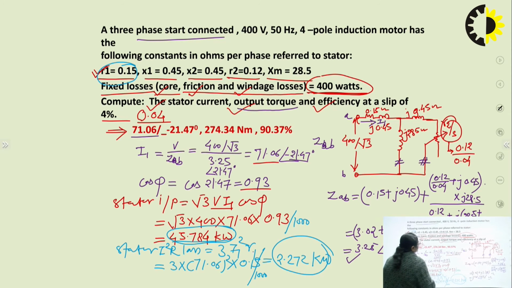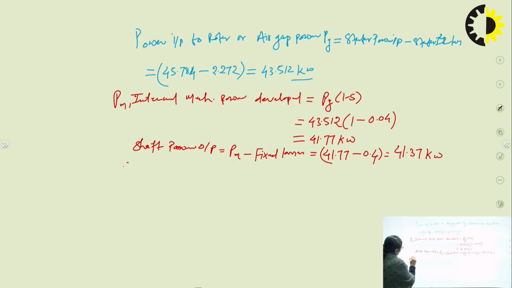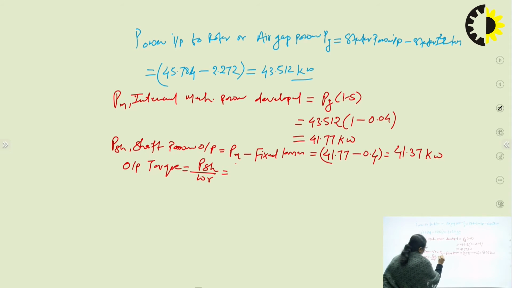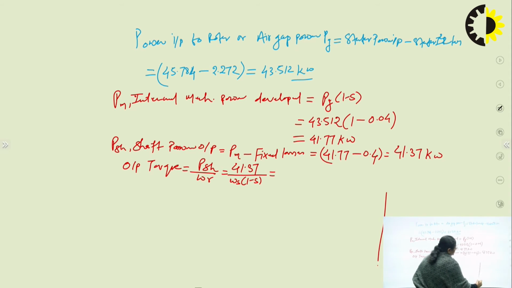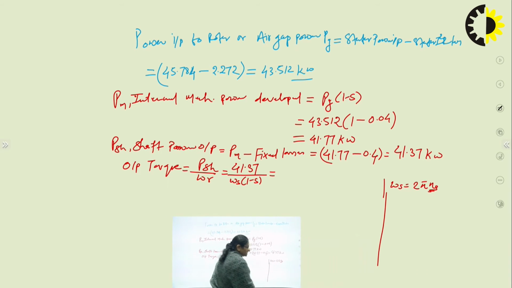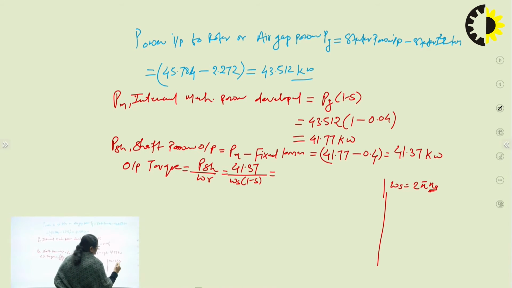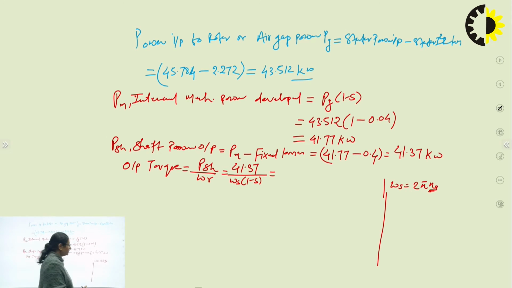Now, knowing the shaft power output, what can I determine? I can very well determine the output torque. So output torque equals PSH, the shaft power output, divided by omega R. The value of PSH is 41.37 divided by omega R. Omega R can be written as omega S into 1 minus S. Now, what is omega S? Omega S equals twice pi ns, where ns is the speed of the rotating magnetic field in RPS.